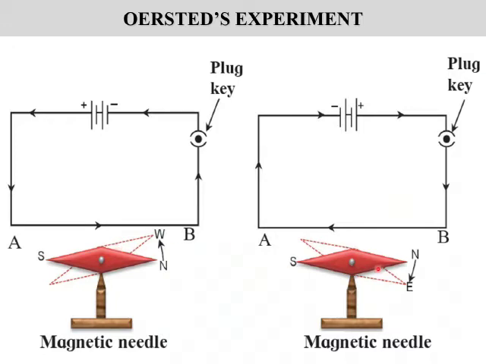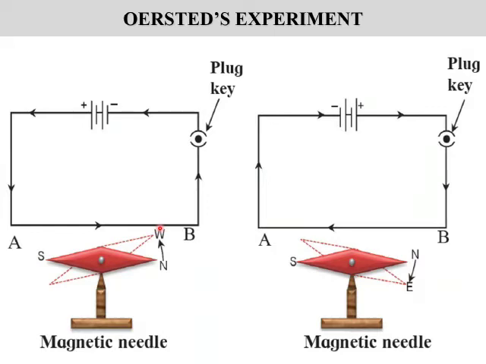Since there was no other magnet in the vicinity to deflect the magnetic needle, he concluded that definitely there is magnetism which is developing in the conducting wire. So he came to the conclusion that a current carrying conductor produces a magnetic field around it.